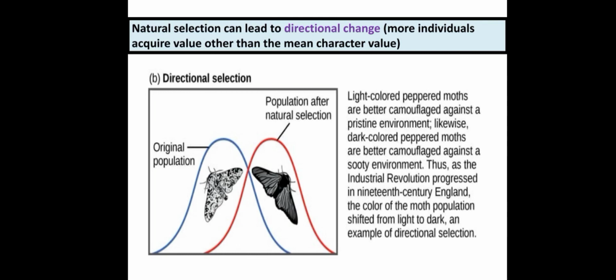Likewise, dark colored peppered moths are better camouflaged against a sooty environment. Thus, as the Industrial Revolution progressed in 19th century in England, the color of the moth population shifted from light to dark, an example of directional selection.